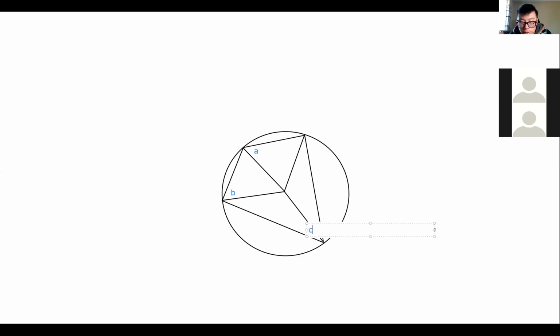Let's have an angle C. C is the angle from this line segment to this line segment. And let's have D. D is the angle from this line segment to this line over here.